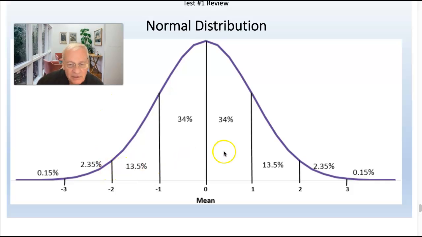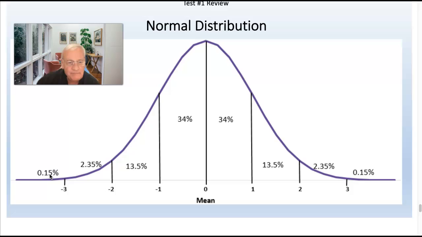These percentages. Again, 1 standard deviation away from the middle, from the mean, 68%, 34 on each side. All right, then 2 standard deviations, you get 95% right there. So there's 2.5 left on this side and 2.5 left on this side.